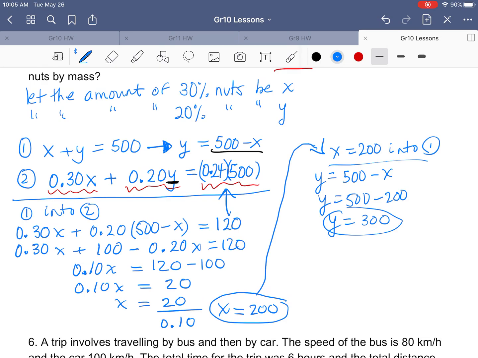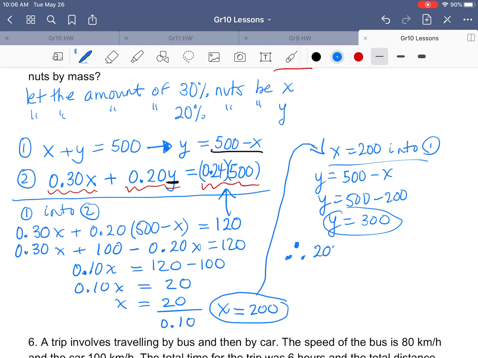So now we know that we need 200 grams of the snack mixture that is 30% nuts, and we need 300 grams of the snack mixture that is 20% nuts to then create this mixture of 500 grams that is 24% nuts. So let's just do a quick summary statement of that.